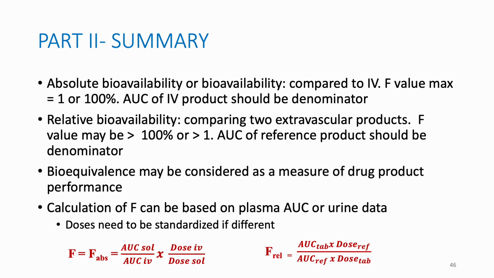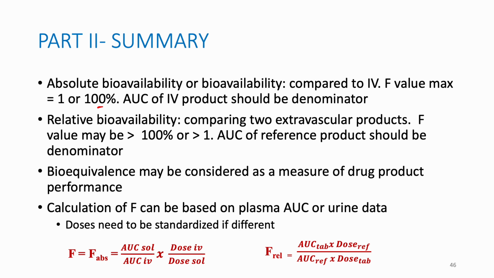So in summary, for part 2 of calculation of bioavailability, remember absolute bioavailability, or briefly just bioavailability, is the comparison of extravascular to the IV, and the maximum value is 1 or 100%. Remember, 0 to 1 or 0% to 100%, it never has a value more than 100%.